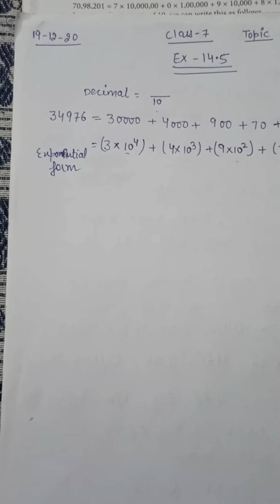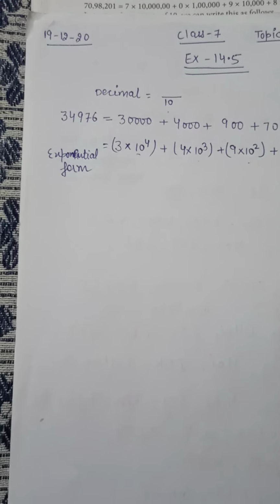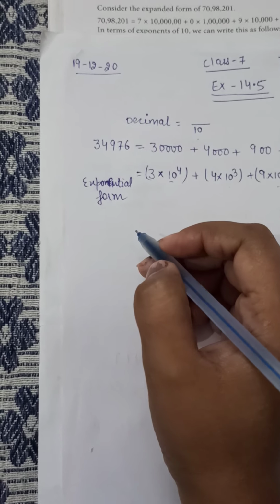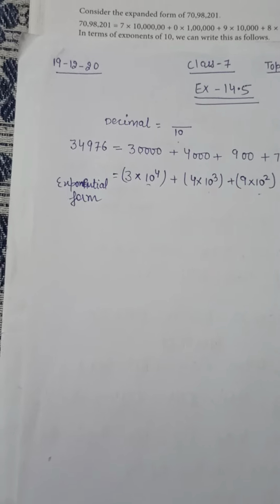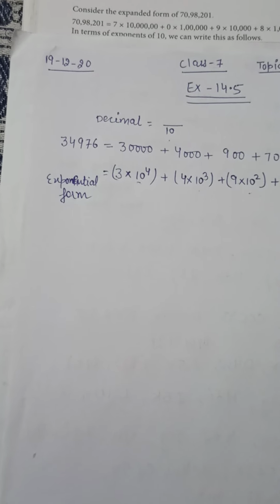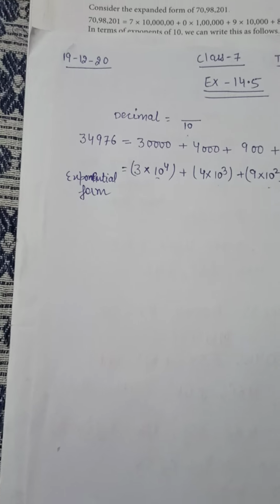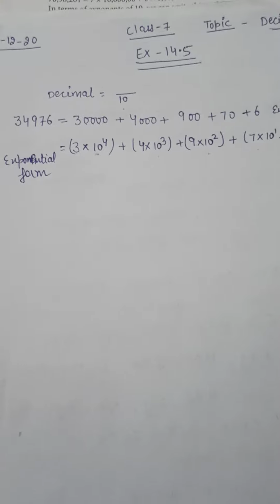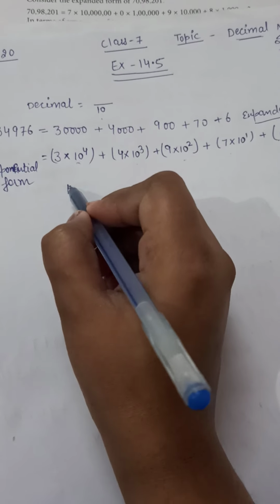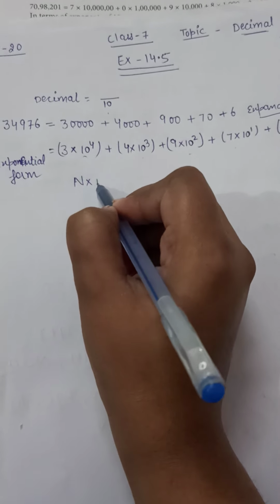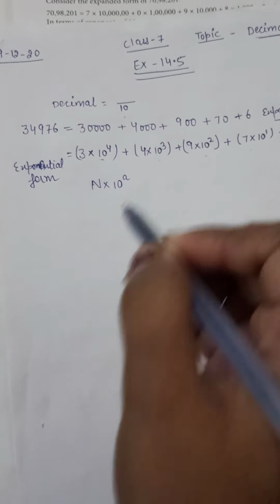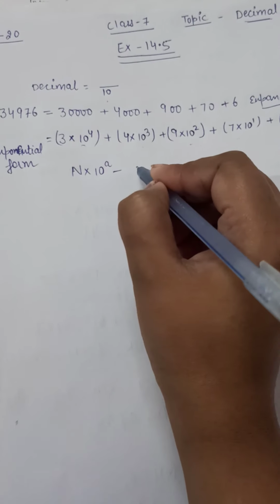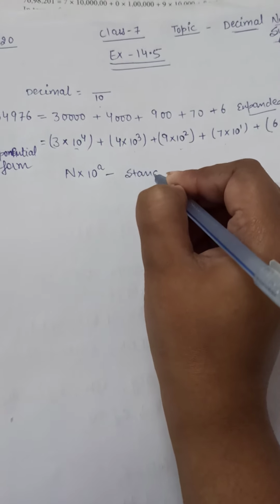Now after this, the standard form. What is standard form? Any number expressed as a decimal number between 1.0 and 10.0 and multiplied by a power of 10 is called its standard form. Means a number multiplied with 10 with some power is called its standard form.